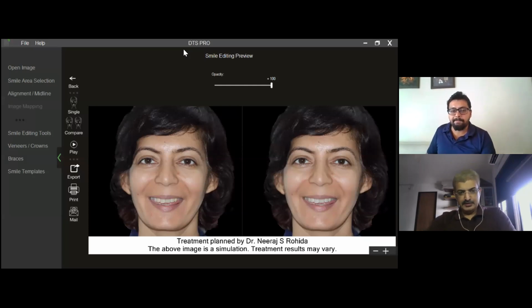Okay, one more question which you can answer. Yeah, the cost of the software, I'll just enter details here. It's a subscription service. We charge around 12,000 plus GST for the first year, which comes to roughly 14,000 rupees, and then from the second year onwards it is 3,600 annually.